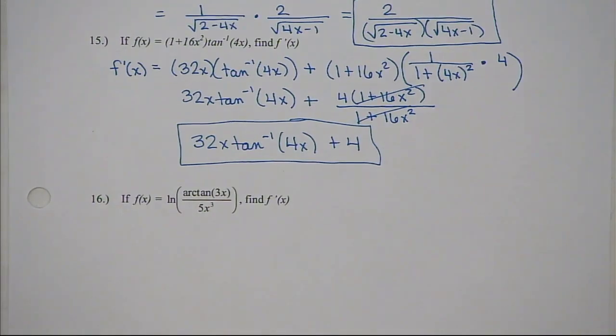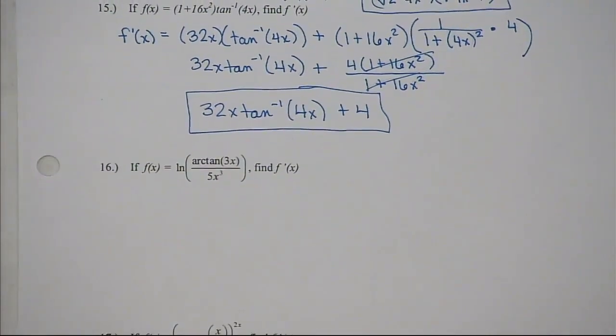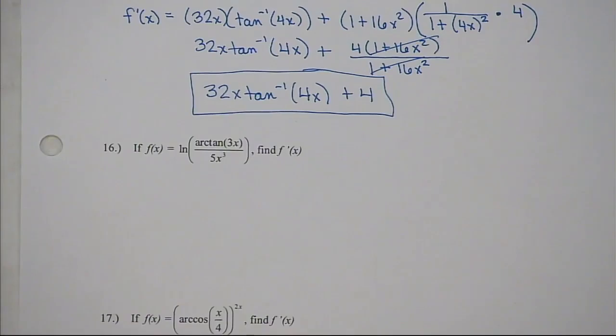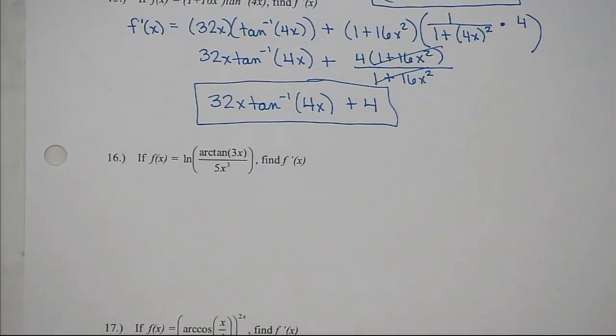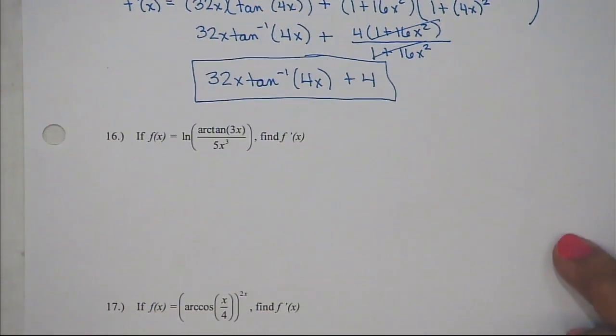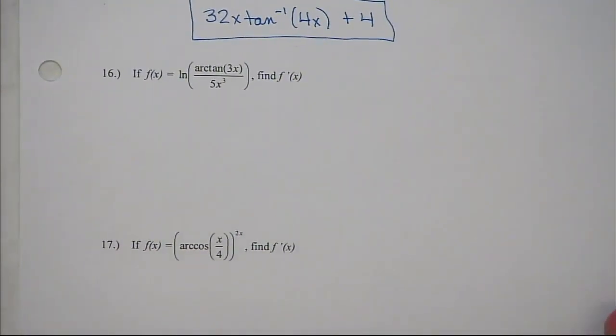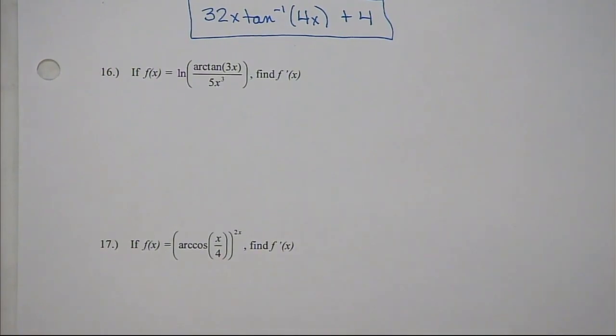All right, 16. I'd like for you to look at that for a minute. This one has a natural log in front of it. Do I want to do a natural log and a quotient rule, or do I want to expand because I've got a natural log? I would like to expand this because that's going to make it a whole lot easier.